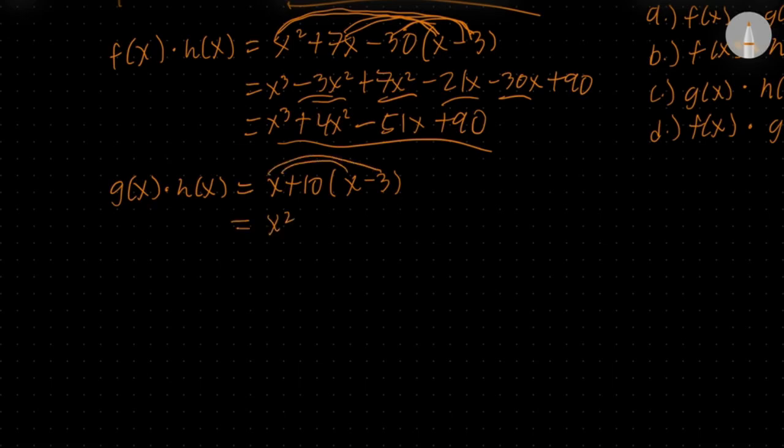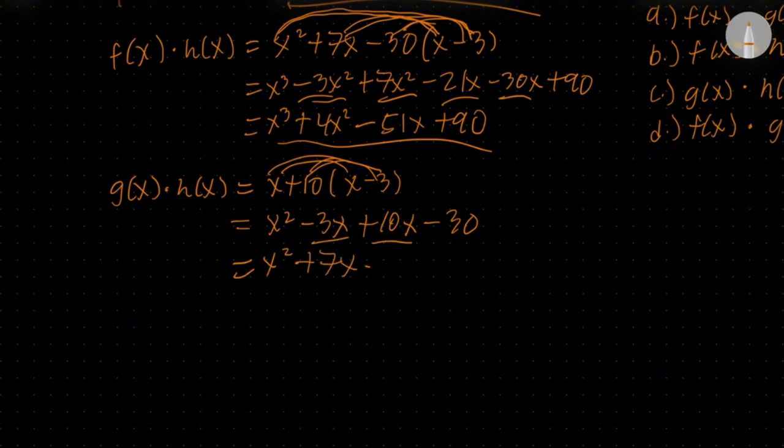X times negative 3 is negative 3x. 10 times x is 10x. And 10 times negative 3 is negative 30. We're just going to add up like terms. X squared, negative 3x plus 10x is positive 7x, and we'll have negative 30. And that is our answer.